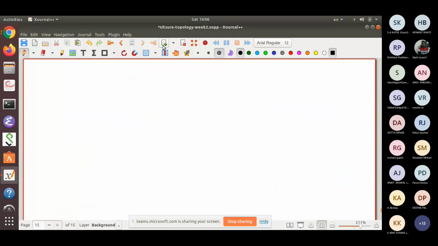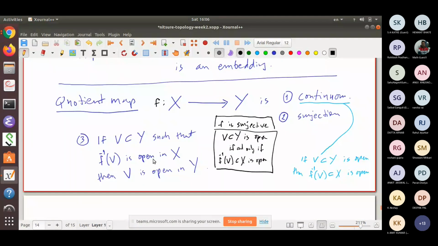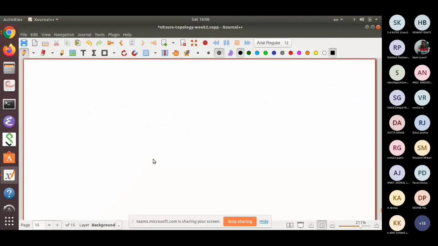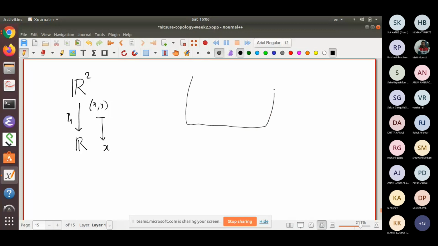I need a new page for that. So here's an example. Here's R2, and here's the projection to R. Where does this go under the first projection? It goes to X. So let's draw a picture. R2 looks like this, and R looks like this.